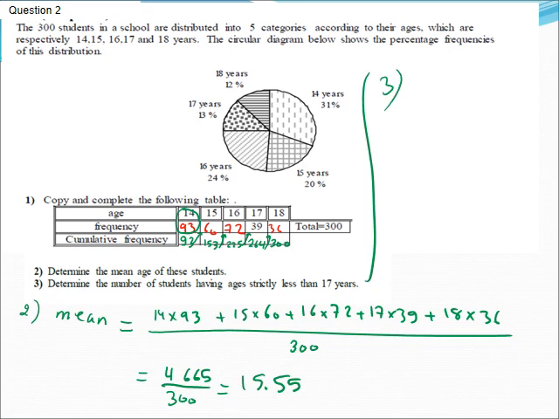Number 3, determine the number of students having age strictly less than 17. Strictly less than 17 means 14, 15, and 16.